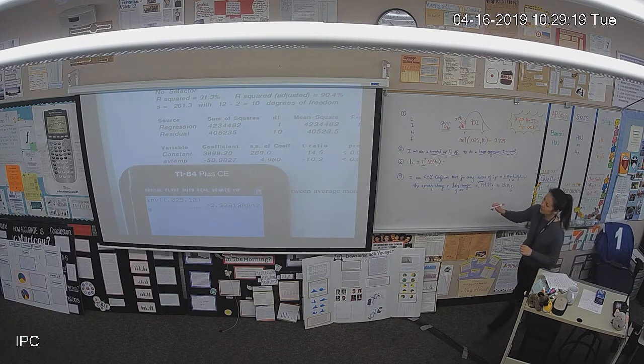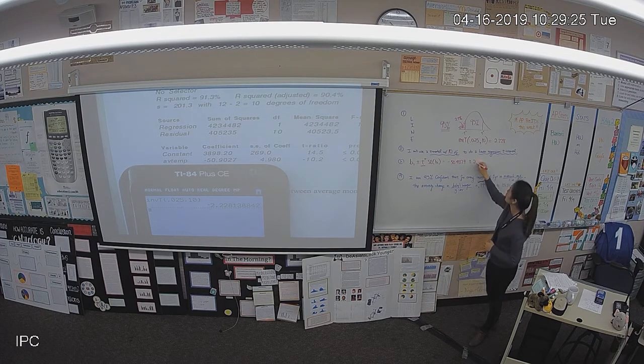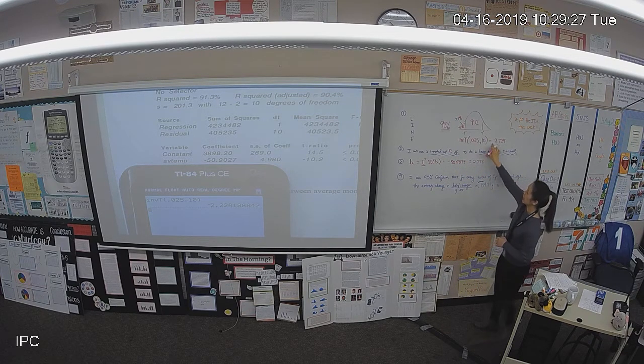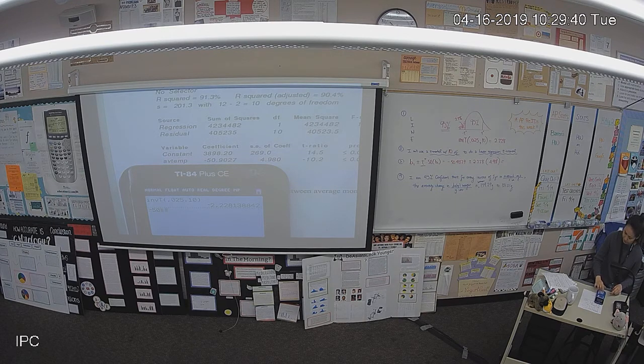So we have negative 50.9027 plus or minus 2.228. You can ignore the negative on that t. Times 4.98. And then you just type it in.